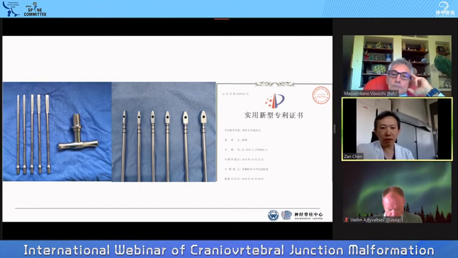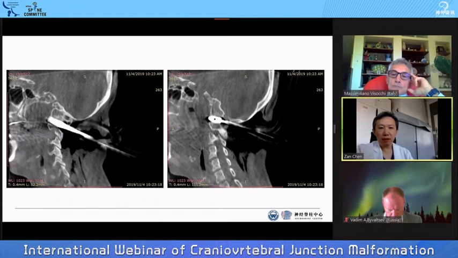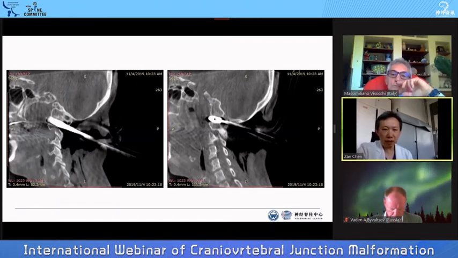This is how we use these instruments in the operation. This is a CT scan in the operation. We can see the instruments, the tools in the facet joint.